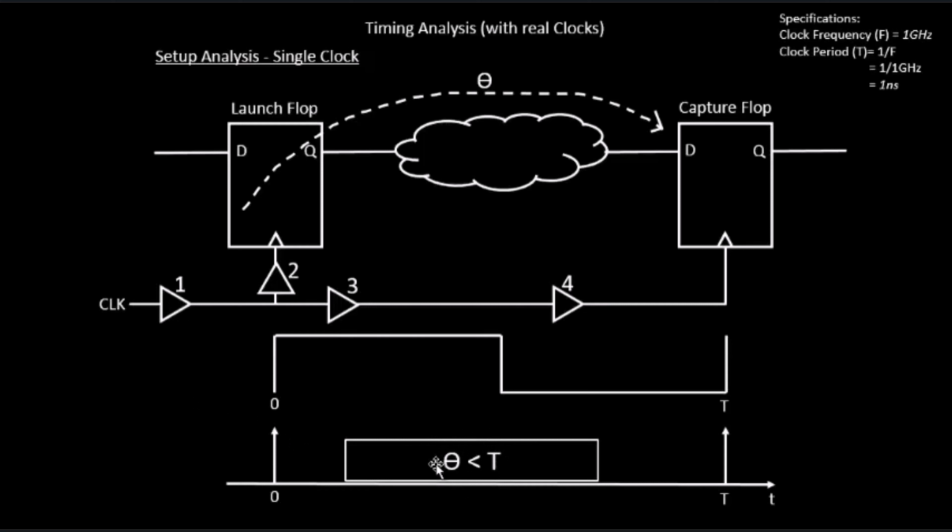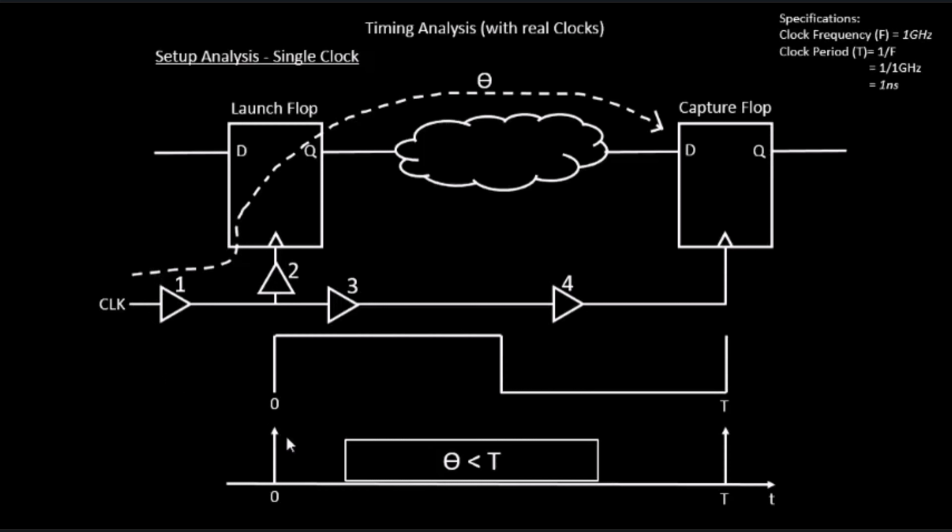So if the initial equation looked something like this, now the combinational delay requirement, since we are looking into real clocks, also has to take the clock delay into consideration.